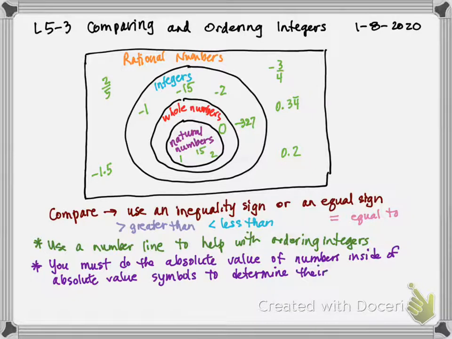In other words, I cannot figure out where to put the absolute value of -7 until I take the absolute value of -7, which is 7, and then I'm going to place it wherever 7 is. Now, it's still going to be listed as the absolute value of -7. Now, keep in mind, when I'm saying you have to take the absolute value, that's once you have one number only inside the absolute value, okay?